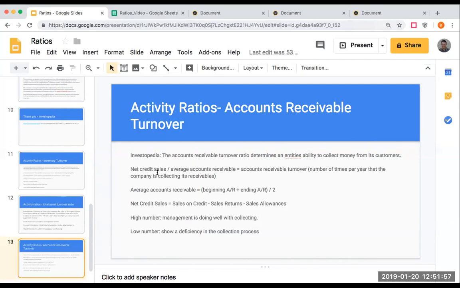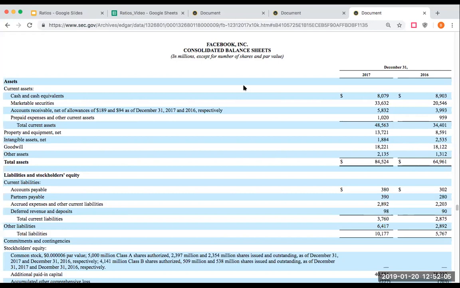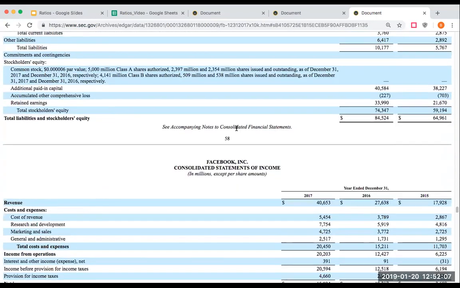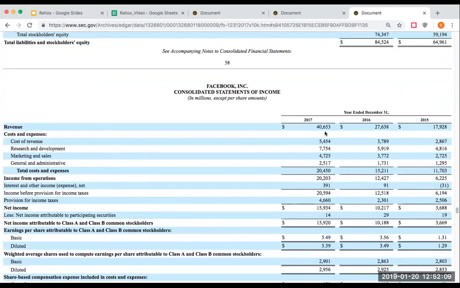And what exactly is that? It's my sales on credit minus my sales returns minus my sales allowances. My challenge would be that I don't know, for Facebook's 40.6 billion, how much of that was in cash and how much of it was on credit?